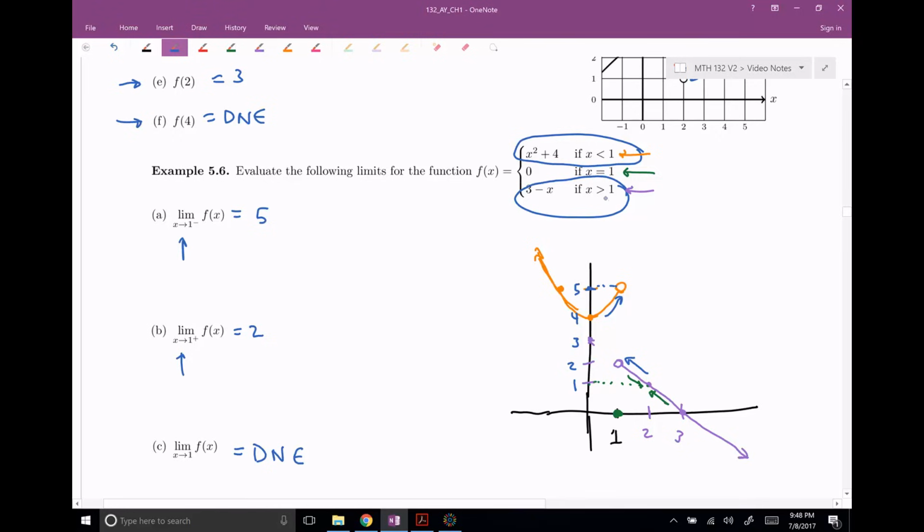Again, you can't technically plug in 1, but what if you did? 3 minus 1 would be 2. So that makes sense. Again, you can't technically plug in 1. You can plug in something bigger than 1 that's very close, like 1.001, and you would get something very, very close to 2, but just a little bit less than that.